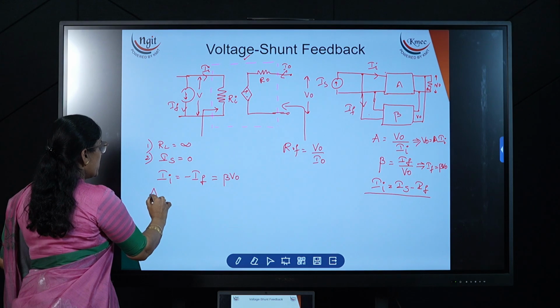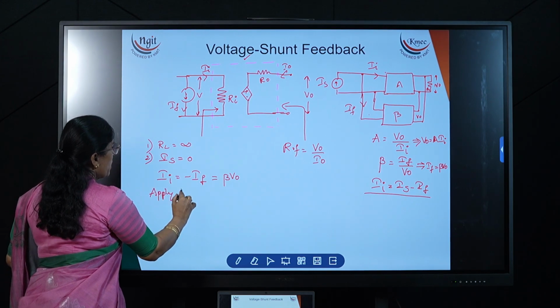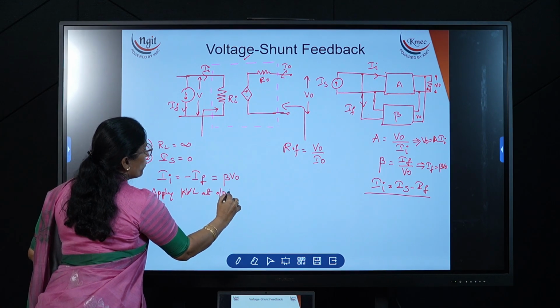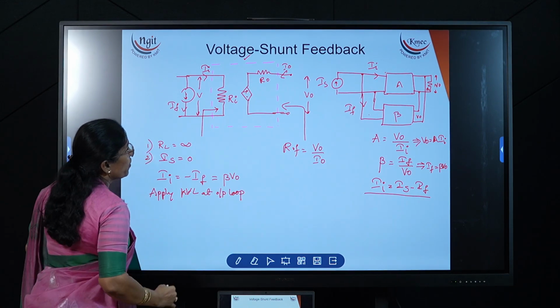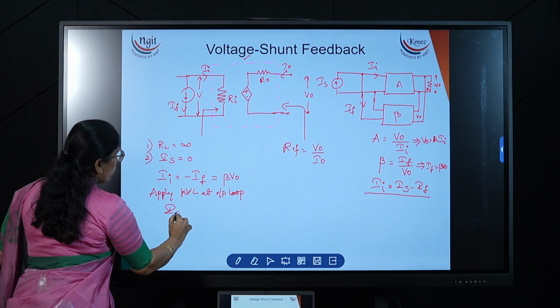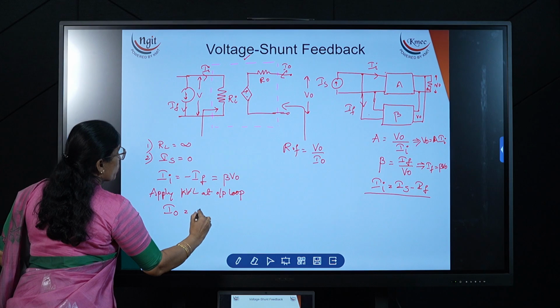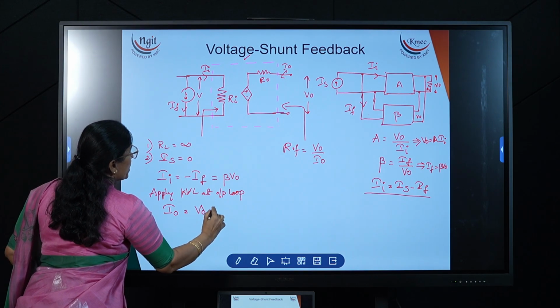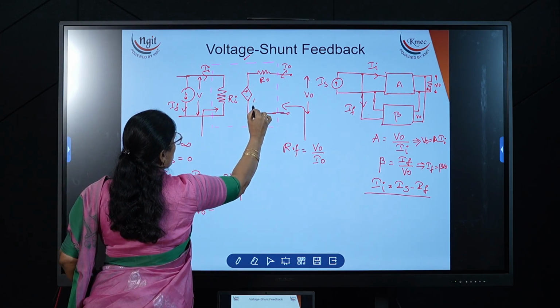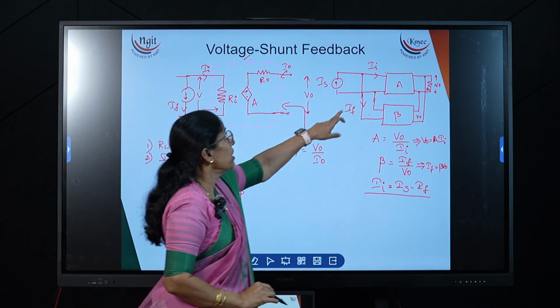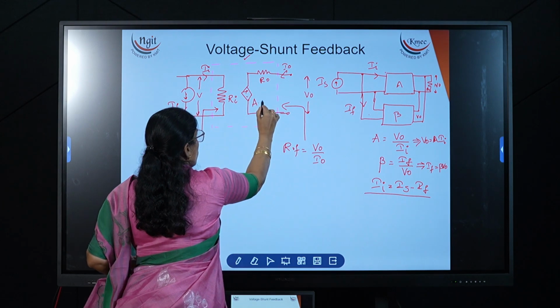Now apply KCL at the output, at the output loop. Then if I write the expression, I0 is equal to what can I write? I0 is the current leaving from V0. So first I have to take V0 minus the dependent source. What is this dependent source? This is nothing but A into the input parameter. What is the input parameter? Input is II.